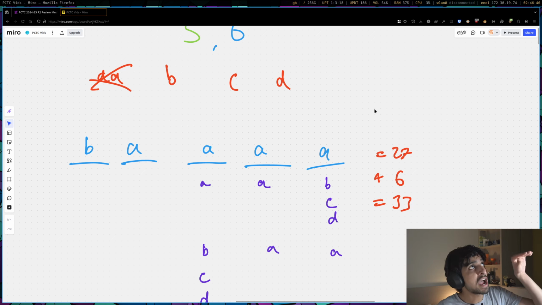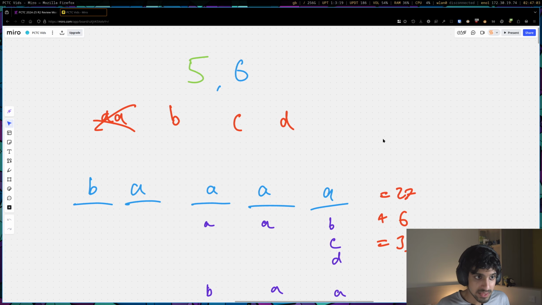So at each position, as we go from left to right, we're going to say what character do we want to put at that position. And we're going to figure out how many total combinations exist should we put that character. And if the total amount of combinations is bigger, so in this case 33 is bigger than our input of 6, since 33 is bigger than 6, we know that our answer starts with AA.